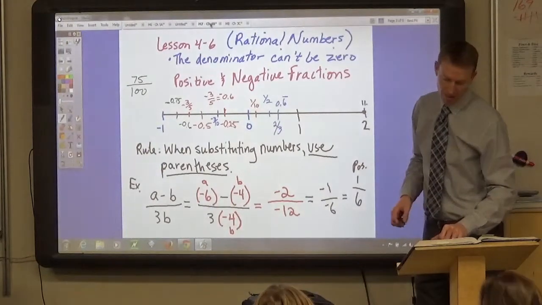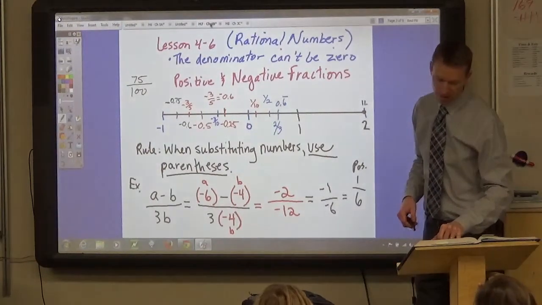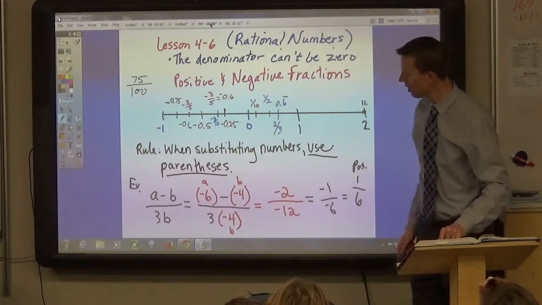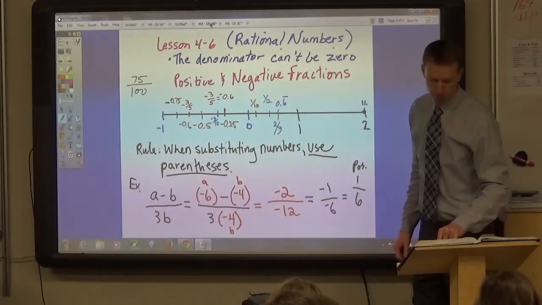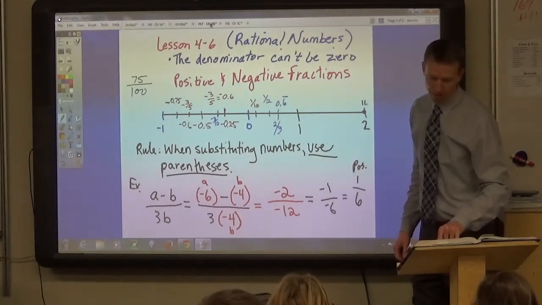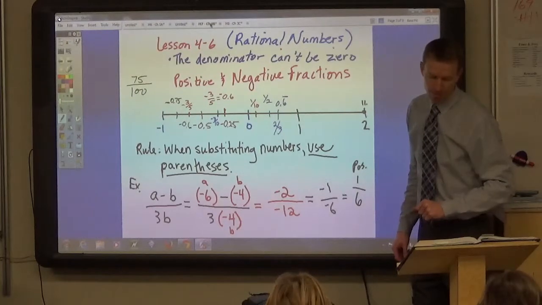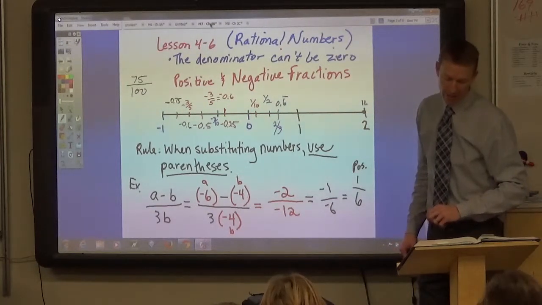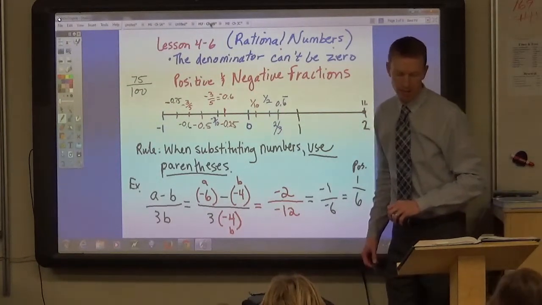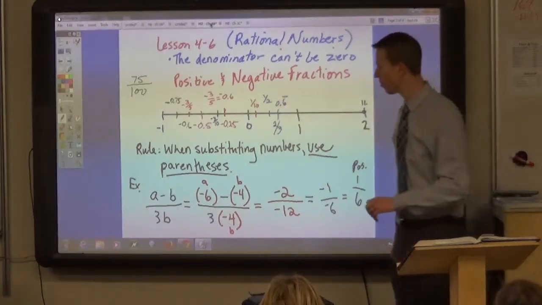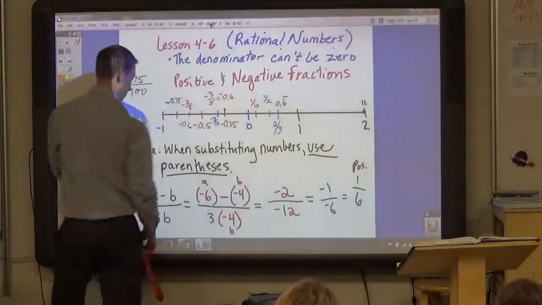Now, number 15. This is where we get to substituting numbers. Number 15 says evaluate for A equals -4 and B equals 6, and then put it in simplest form. Let's look at this example.